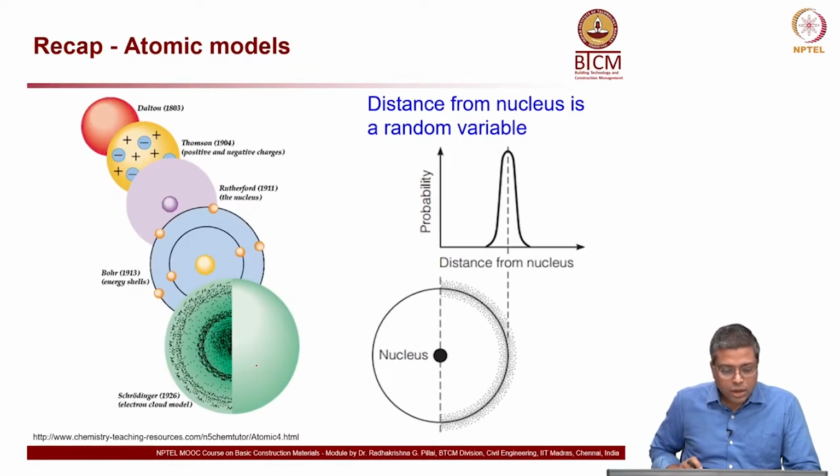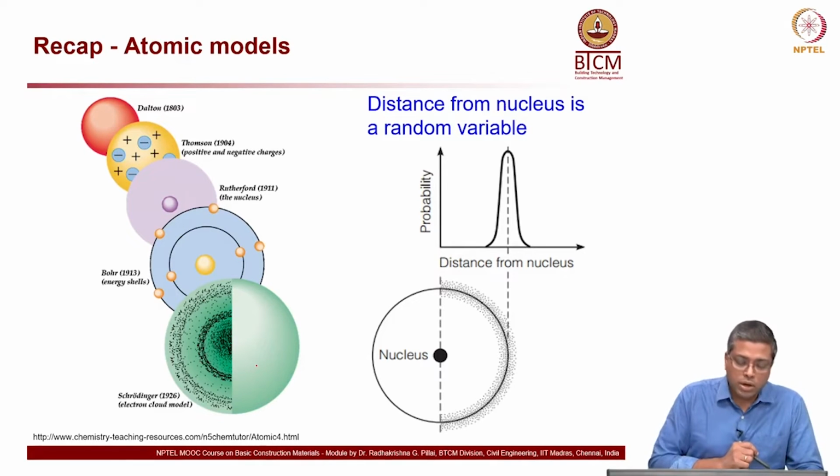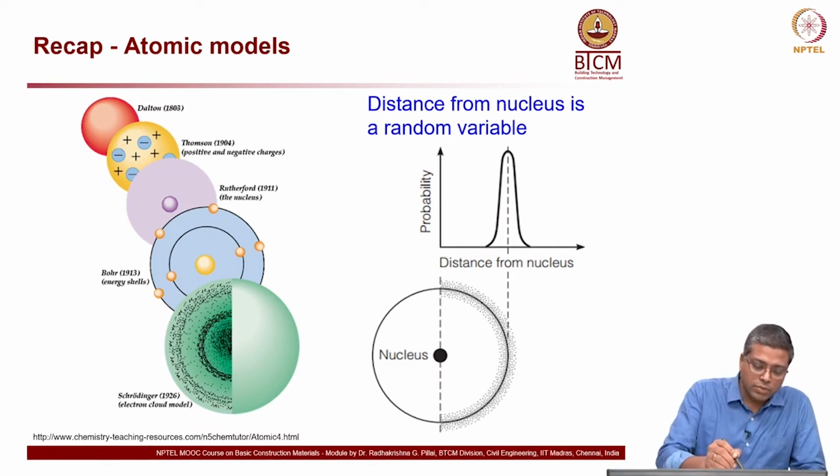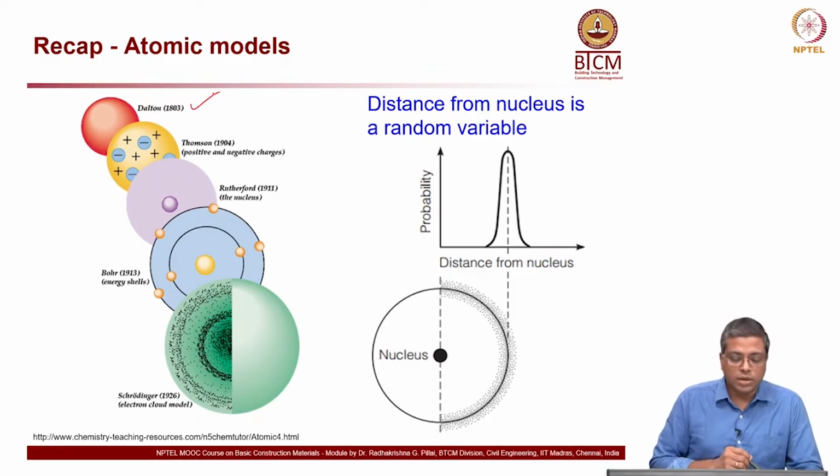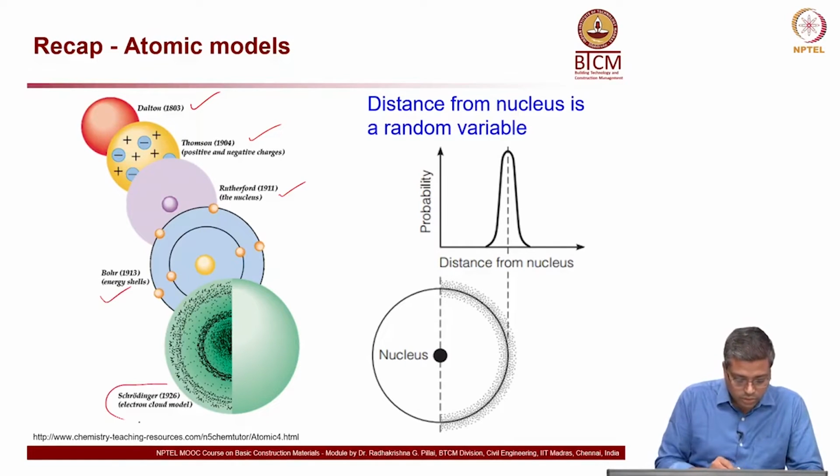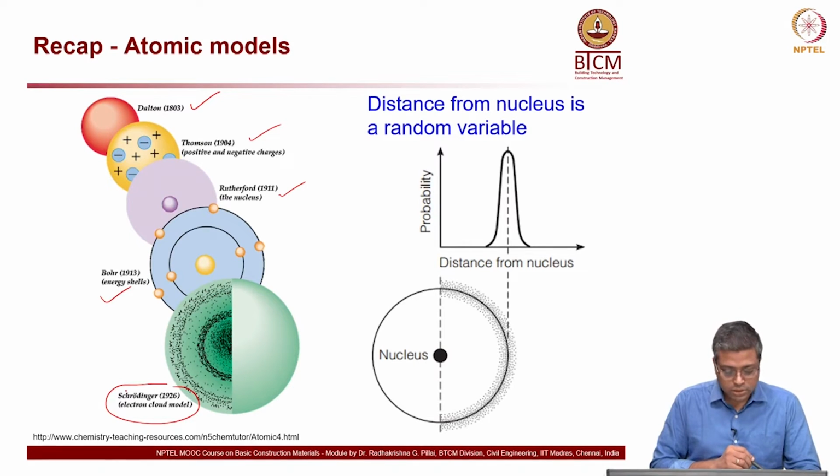Okay. Now, looking at atomic models, the left side image shows the evolution of different models which describe the atom, starting from Dalton's model in 1803, then Thomson in 1904, then Rutherford in 1911, Niels Bohr in 1913, and finally we have Schrodinger's model in 1926.